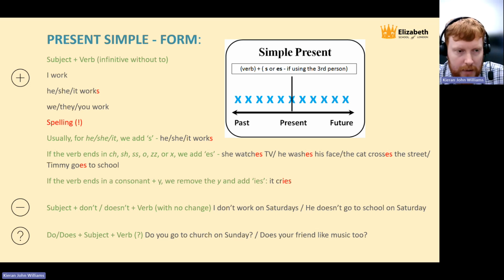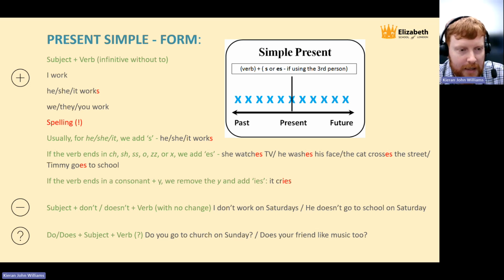So like you can see here on the screen, it's quite easy. So if we take, for example, the verb work, it would be I work, he, she, it works, and we, they, you work. So you see that for most of our pronouns like I, we, they, or you, nothing changes. It just stays as work.